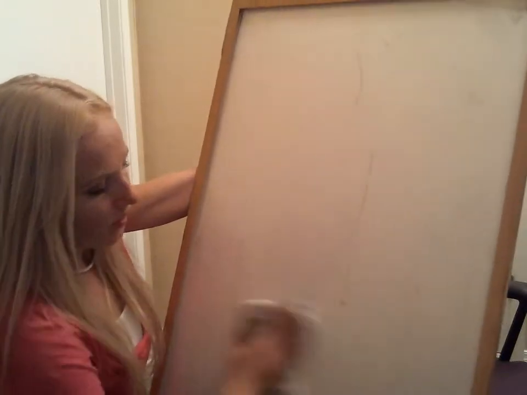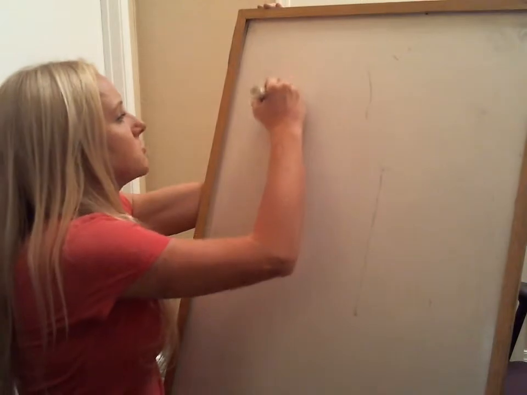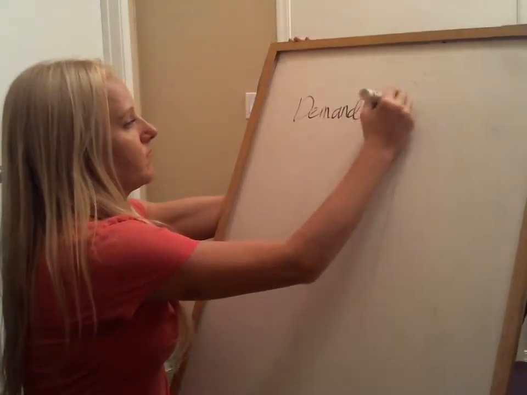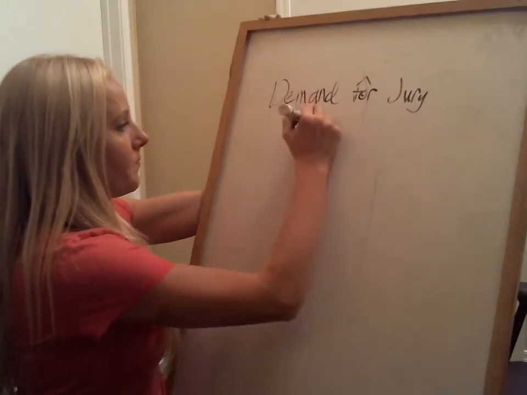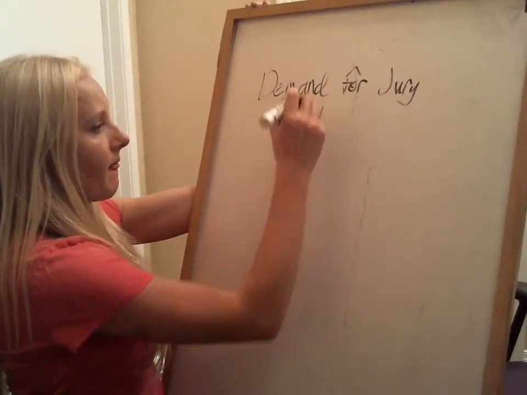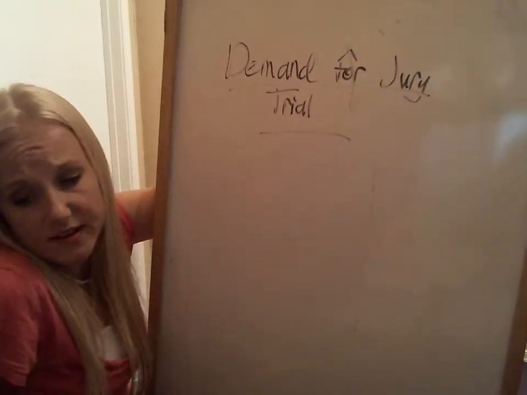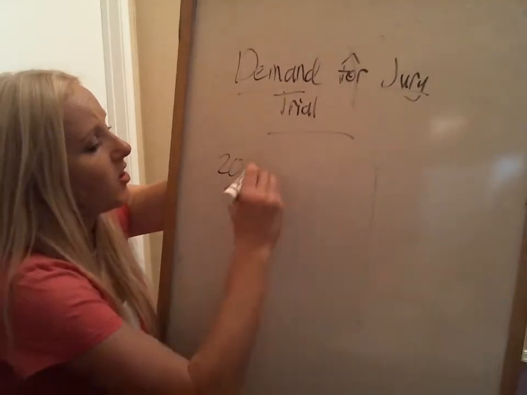So, the last part, this part is optional. We'll do this part. So demand for jury trial. In your demand for jury trial, you're just going to list out, again, you start on the number that you're at. Let's say I'm at 20.